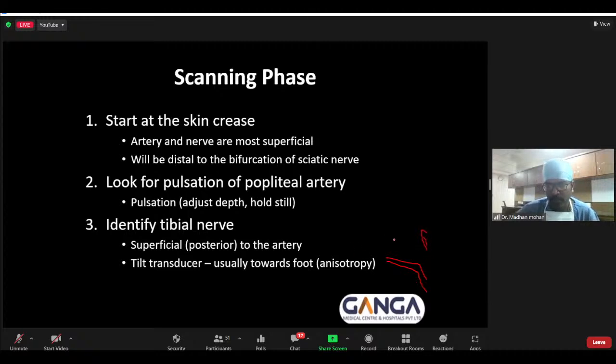Your ultrasound beam will hit here, and the reflected beam will go away from the probe. So to avoid this, you have to tilt the probe towards the foot, so that your ultrasound beam hits the nerve perpendicularly and reflects back. This is just to minimize the anisotropy. Anisotropy is nothing but the alteration in the echogenicity of a structure in relation to the angle of inclination of the probe.